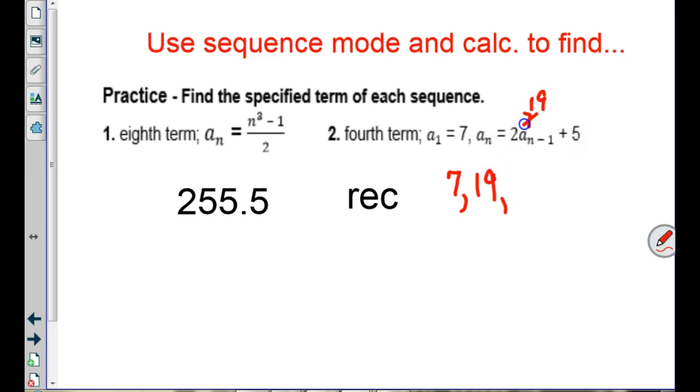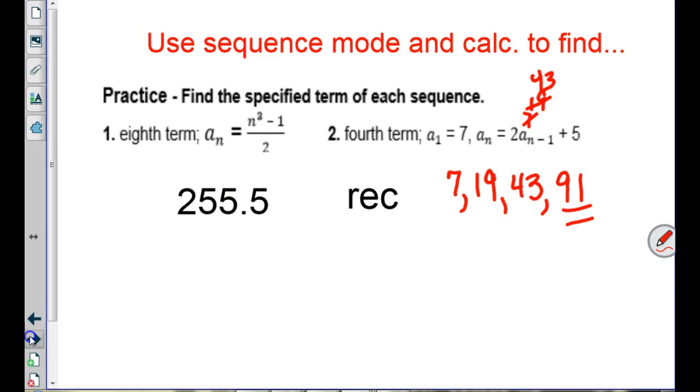Then put the 19 in here. 2 times 19 would be 38 plus 5 would be 43. Then 2 times 43 would be 86 plus 5 would be 91, and I have the fourth term. I just think that would have been faster than trying to remember how to put it in sequence mode, and you could have done it on your calculator home screen. Any question there?